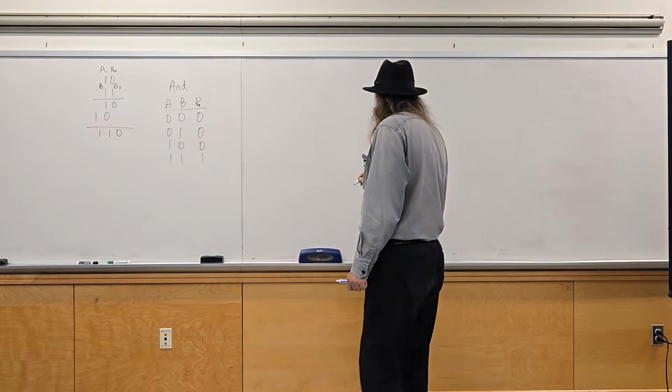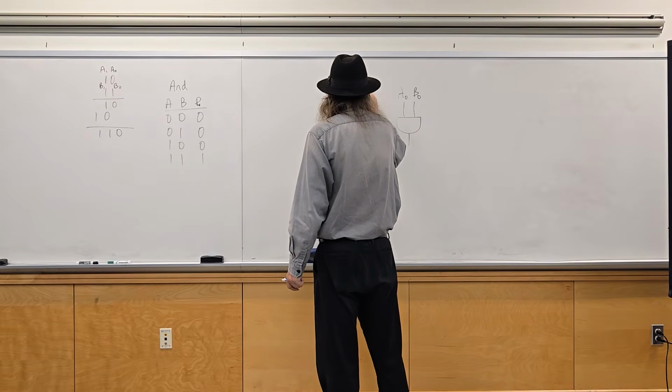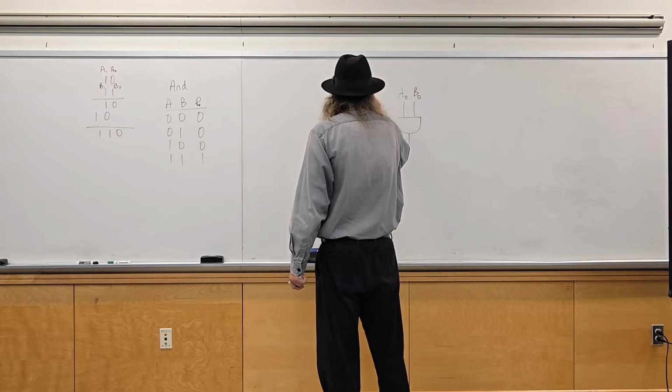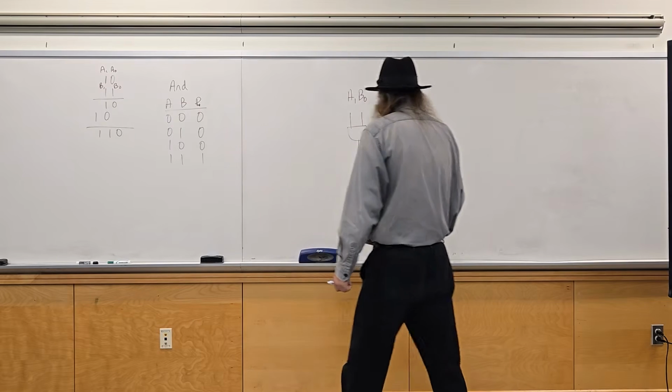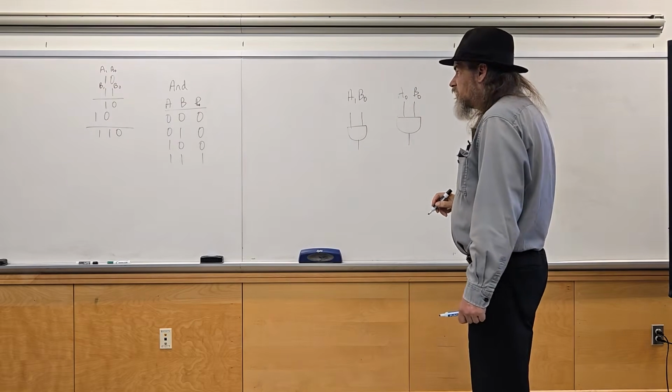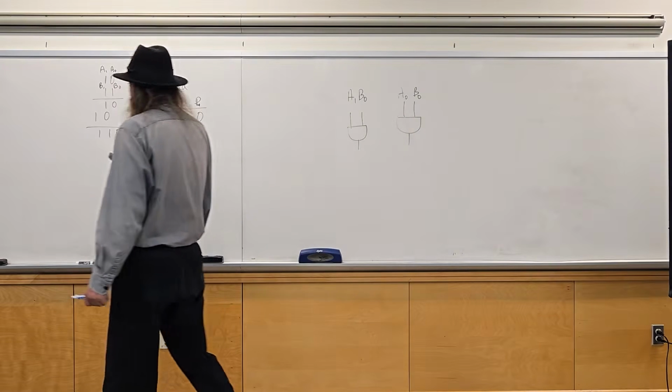Then you'd have B0 times A1 in an AND gate. That gives you this first, what's called a partial product.